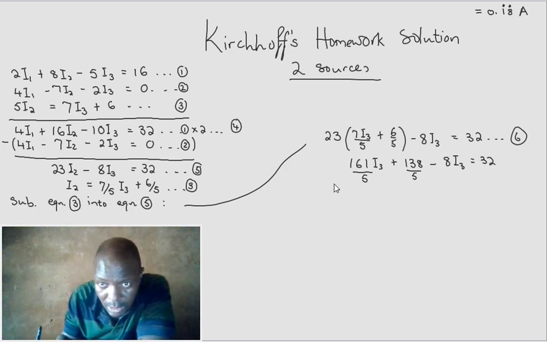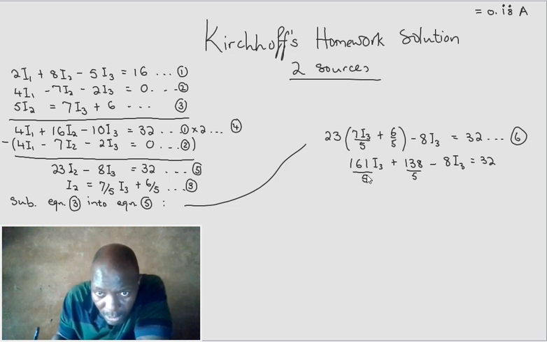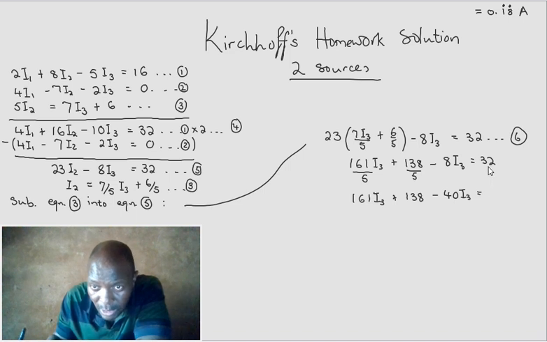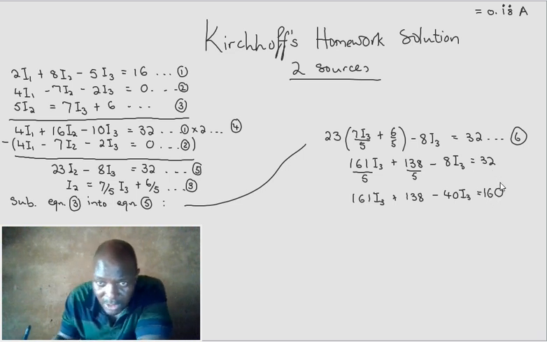Let's multiply across by 5, that will be 161 I3 plus 138 minus 40 I3, because the 5 went out from the denominator, is going to be equal to 32 times 5, which is 160.